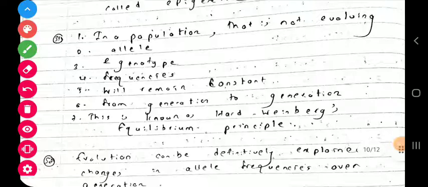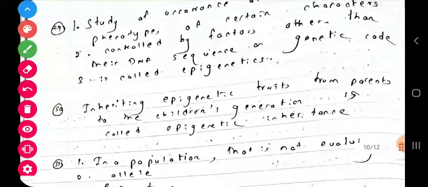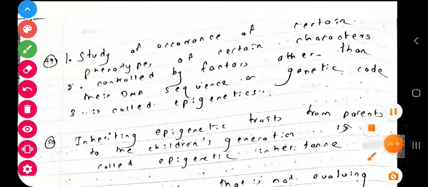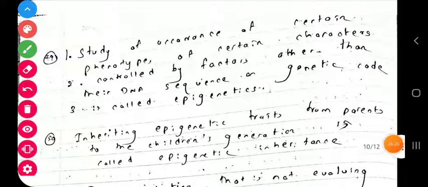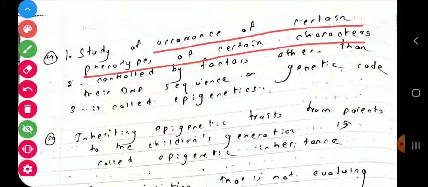And we'll stop at Hardy-Weinberg's definition. The study of the occurrence of certain phenotypes of certain characters controlled by factors other than DNA sequence or genetic code is called epigenetics.